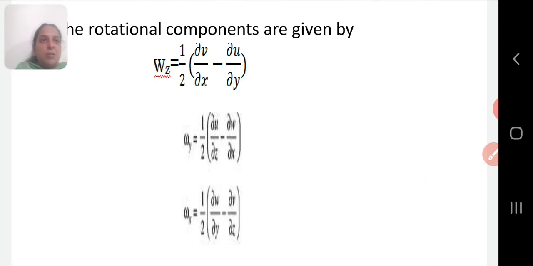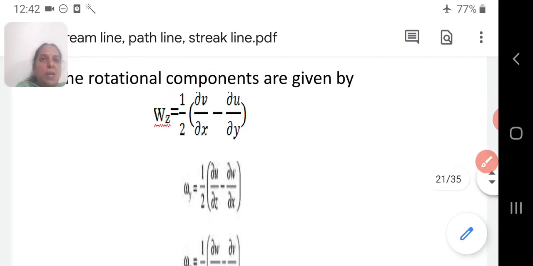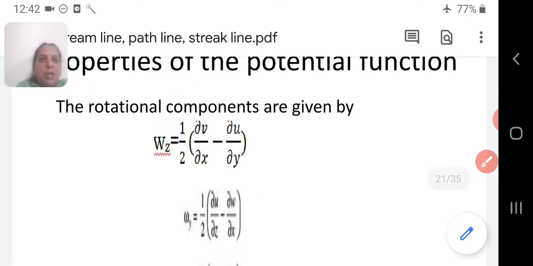So when you observe this equation, you will be able to find out that you have z, and this z is not being used here. Once again we have the other two directions x and y. Suppose the direction is y, then we have the directions here only z and x, not the y inside once again. Okay, so you will be able to recall this easily when you write this equation.